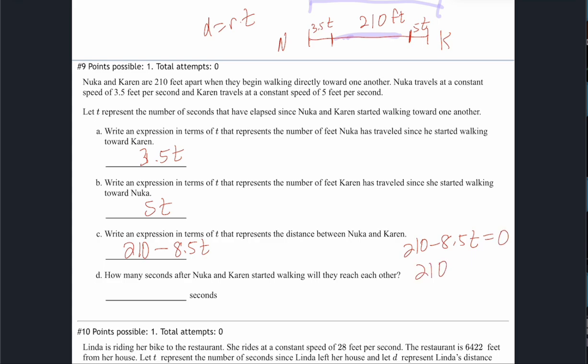So we would get 210 equals 8.5t. 210 divided by 8.5 is 24.70588 seconds. I don't know how long they wanted me around to. You probably even could put in 210 divided by 8.5 for iMath, and I think it does count that sort of thinking. Okay, so there's example 9.